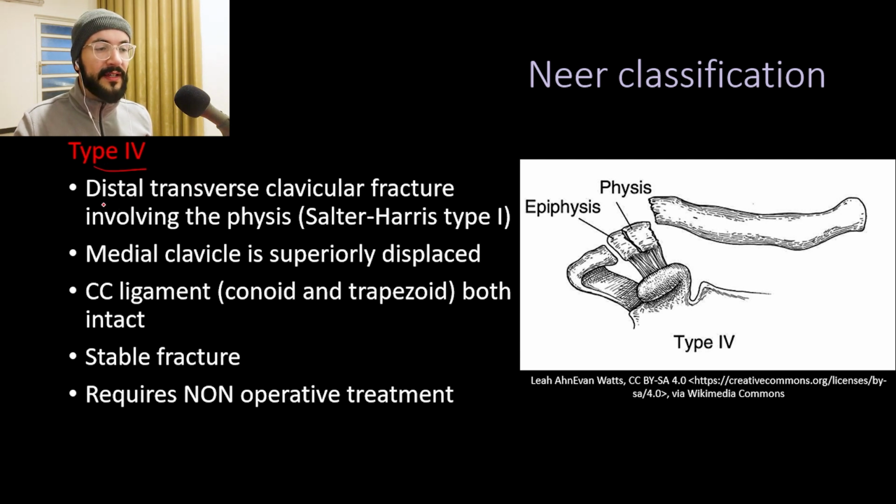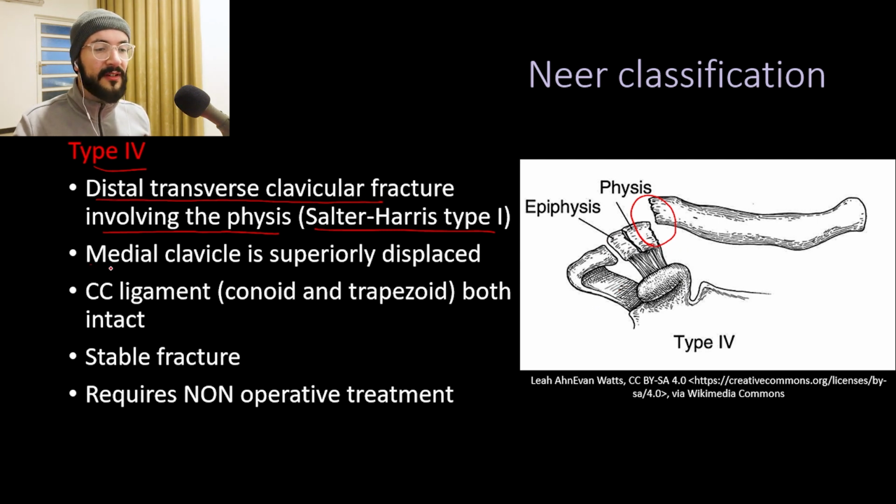Type 4 is when the distal transverse clavicular fracture is involving the physis, which is a Salter-Harris type 1 fracture. And this type of fracture happens in children because they have a physeal plate that easily fractures. And as you can see here, the fracture is transverse and it happens medial to the coracoclavicular ligaments, and it's a Salter-Harris type 1 fracture.